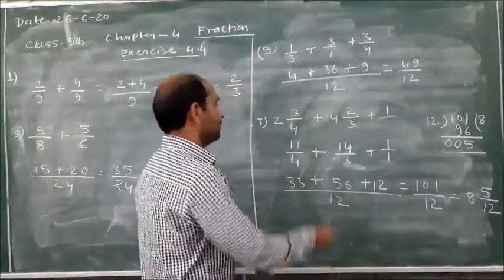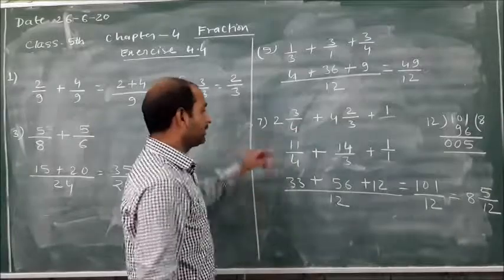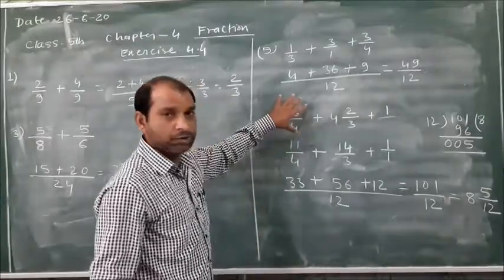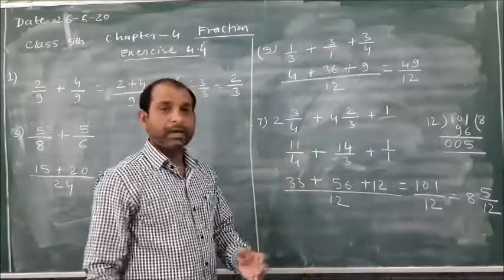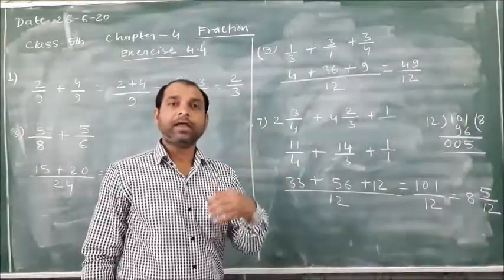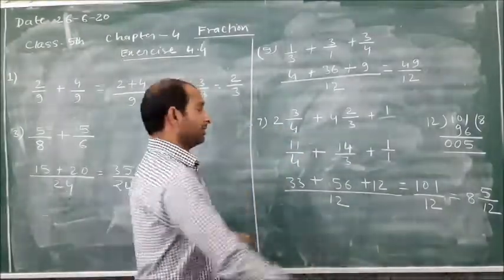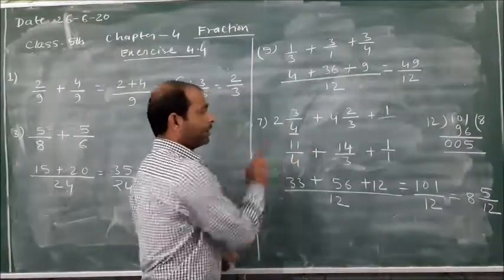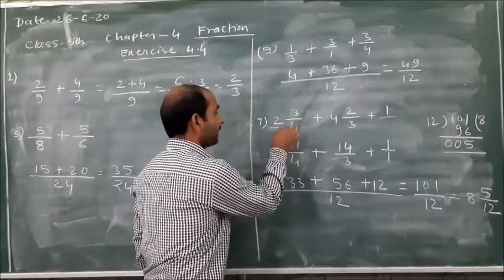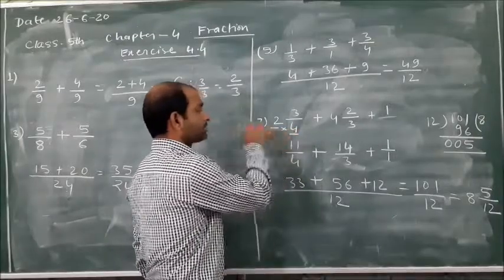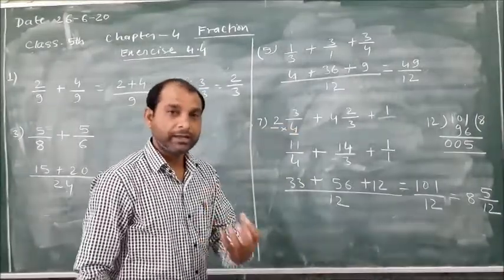Once again, look at how we convert into an improper fraction. We multiply the whole number and the denominators. Your denominator is 4 and the whole number is 2. We multiply, 4 times 2 equals 8.